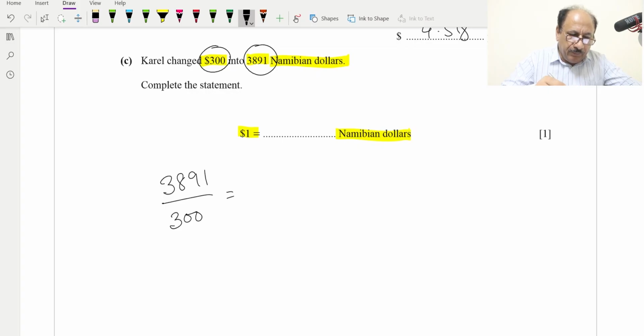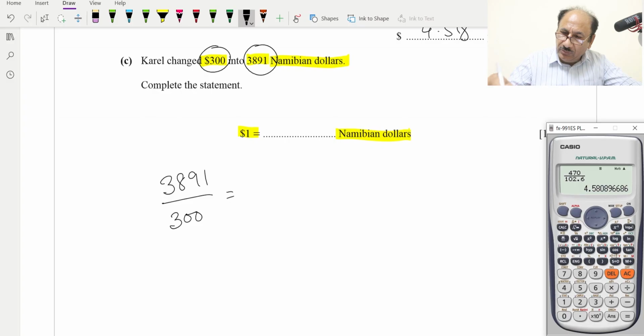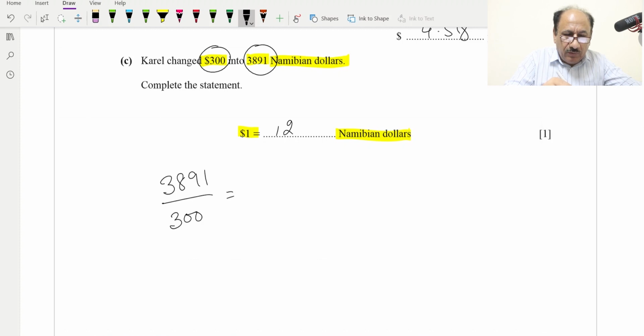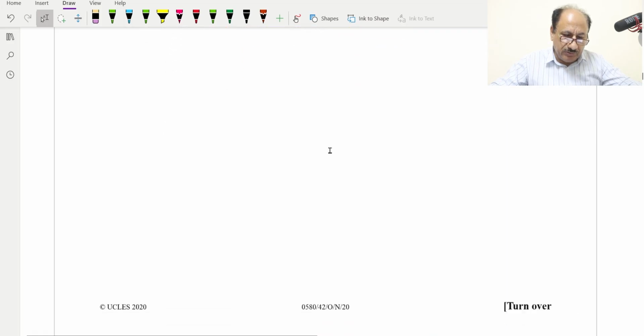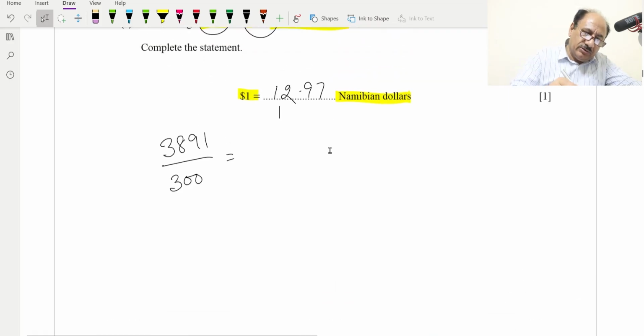So this will be equal to 3891 divided by 300, which is 12.97. This will be the conversion rate, 12.97. Hopefully you got this. This is a 1 mark question, and we can write the answer 12.97.